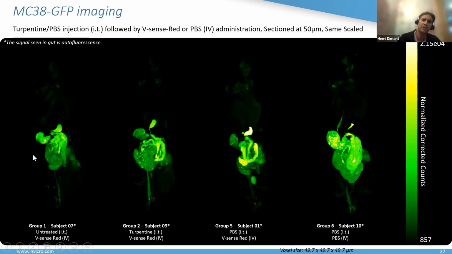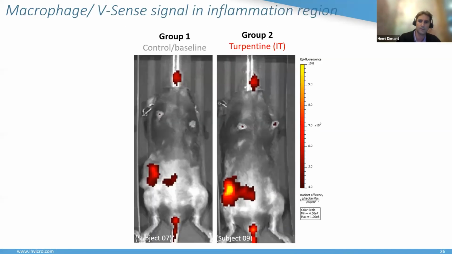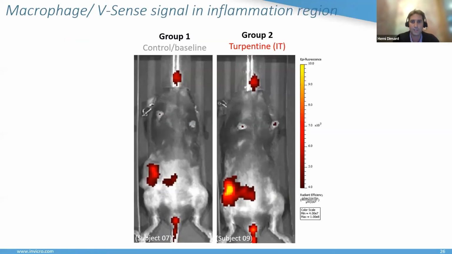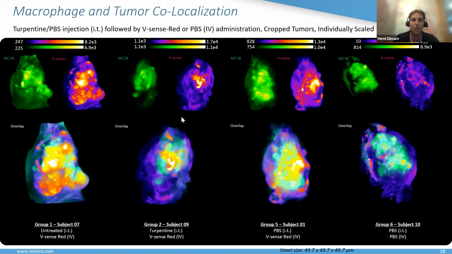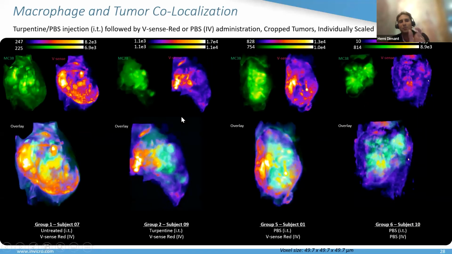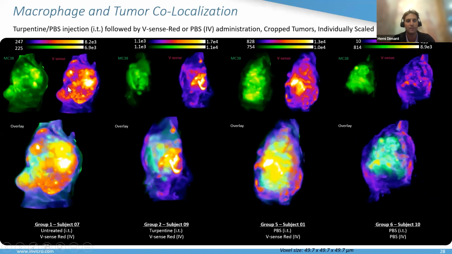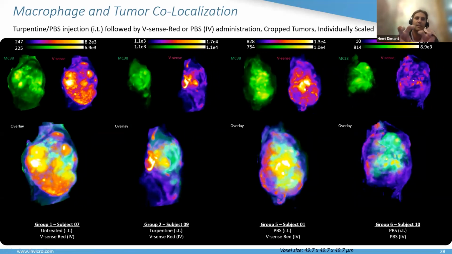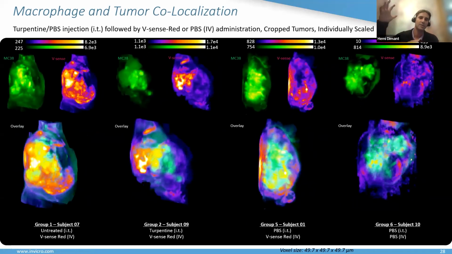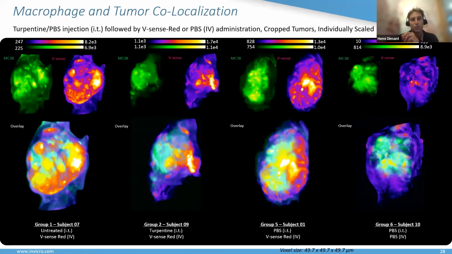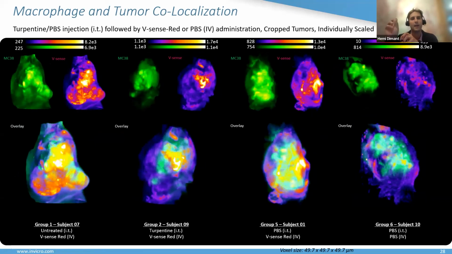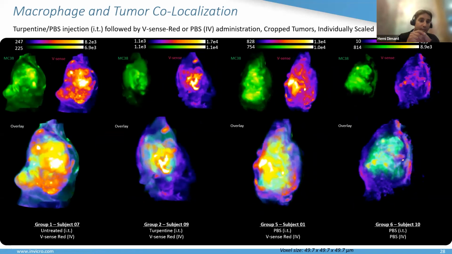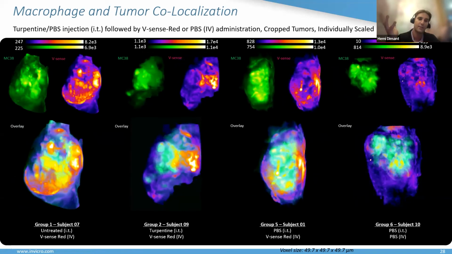Now, if we image for, I think I'm missing a slide here. But eventually, we're able to take all the tumors. So this is all the tumors that were imaged in the same animals. In this case, we just crop them. Again, we're imaging the entire mouse, but we're able to crop only the tumors and look at the macrophage signal versus the MC38 signal, basically the tumor.